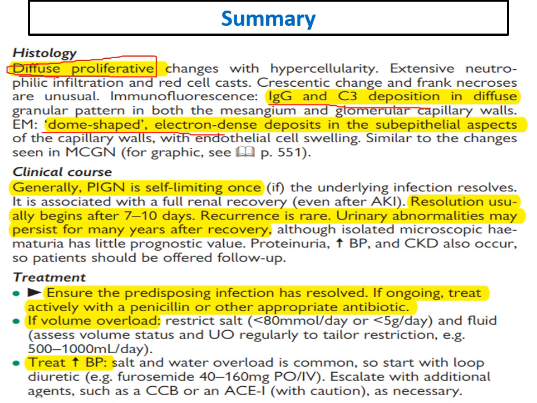Usually, the prognosis is very good in children, with spontaneous recovery by 1 week or 1 month. But in adults, we can have many more complications, and treatment includes treating this infection very well. And in nephritic presentations, we might need loop diuretics for volume overload and calcium channel blockers for hypertension.